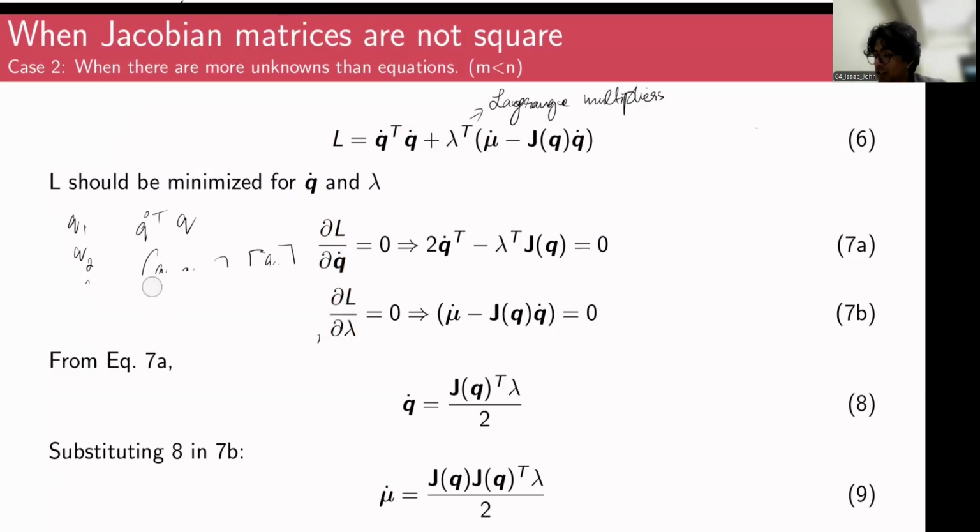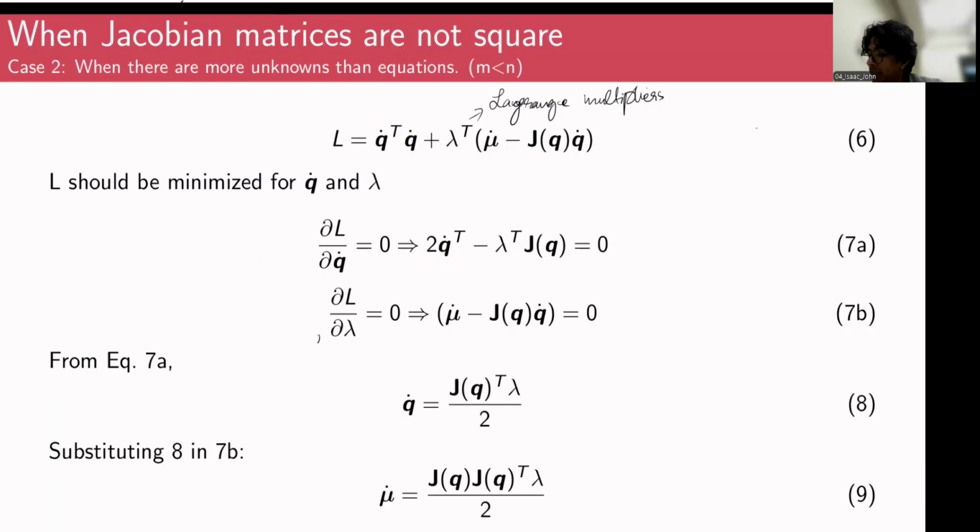In the first case, if you take the partial derivative of the Lagrange multiplier objective with respect to q dot, you will end up with this equation, right? Because this is something like x squared, and if you take the derivative of x squared with respect to x, you will end up with 2x. So here you will end up with 2q dot.